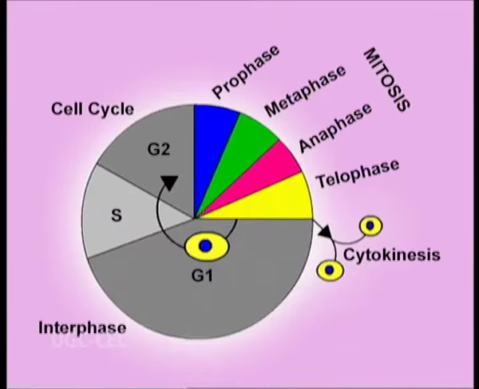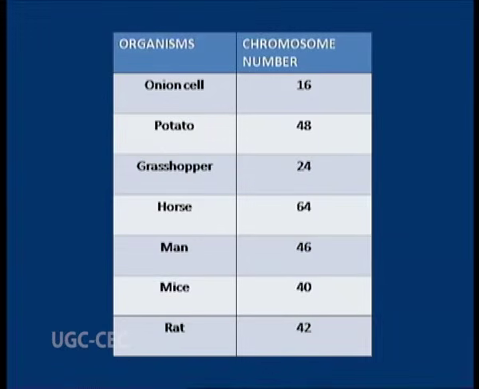If these gametes were produced by mitosis, the offspring developing from the zygote would then have double the number of chromosomes in the next generation. Every living organism has a definite number of chromosomes in its body cells.